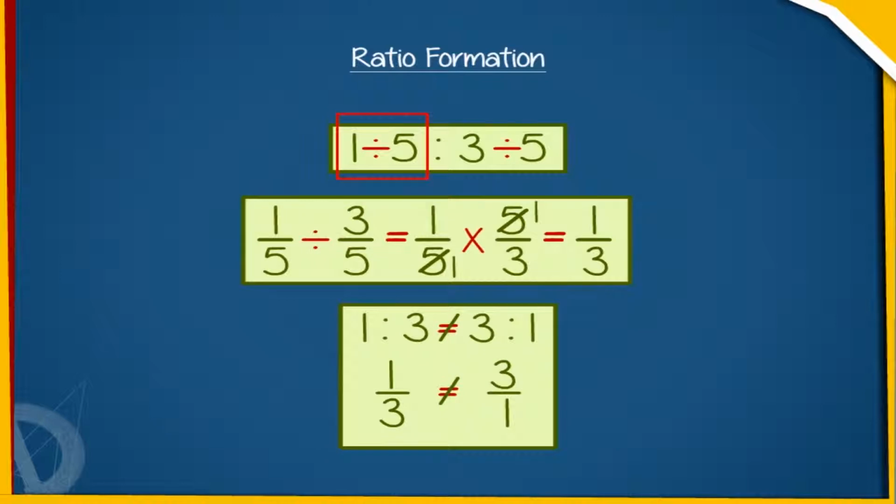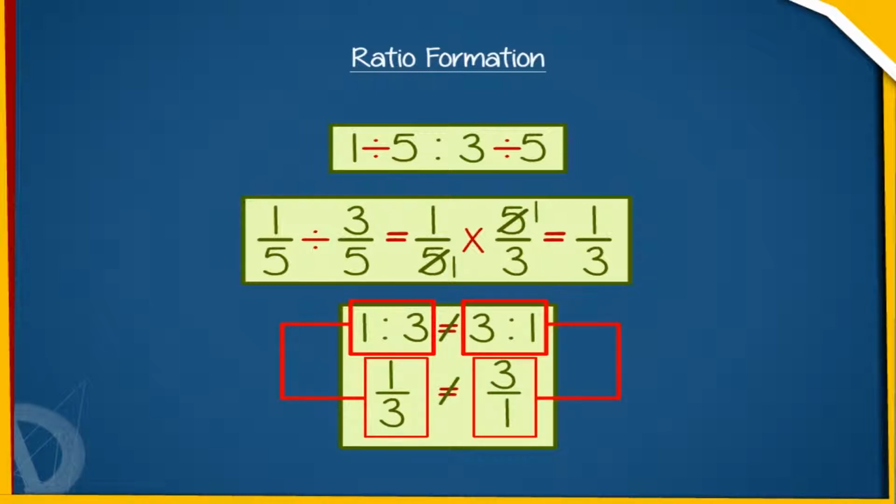Similarly, 1 divided by 5 to 3 divided by 5 is also same as ratio of 1 to 3. Remember, ratio of 1 to 3 is not same as ratio of 3 to 1. Ratio of 1 to 3 means 1 by 3, but ratio of 3 to 1 means 3 by 1.